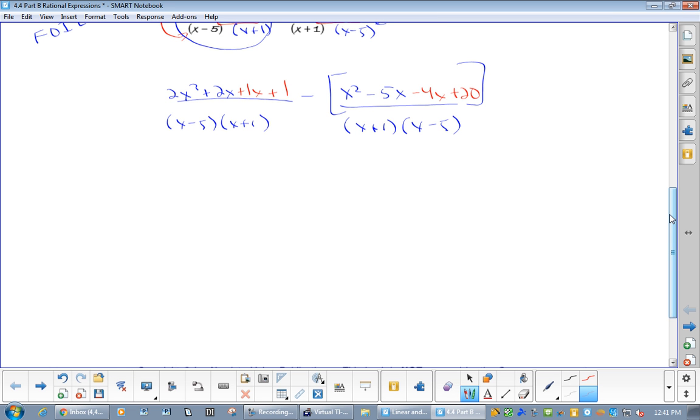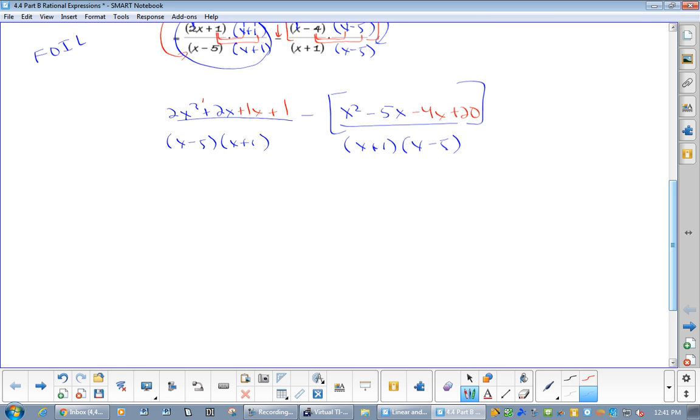Now, just to make things a little bit simpler, we can usually combine these two. This would equal 3x, and this would equal negative 9x. Now, what we need to do, first of all, I'm just going to rewrite the x minus 5, x plus 1, x plus 1, x minus 5.